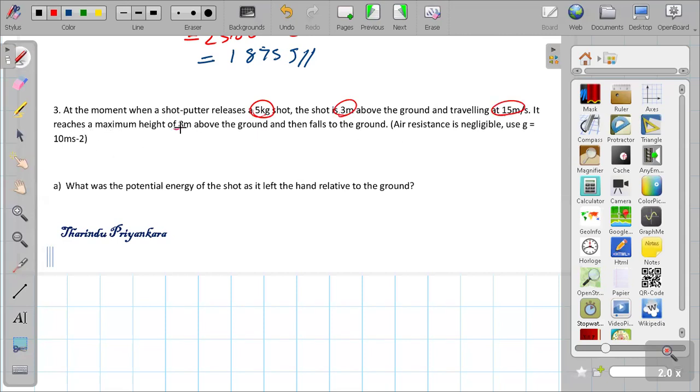It reaches a maximum height of 8 meters above the ground, then falls to the ground, air resistance negligible. What was the potential energy of the shot when it left the hand relative to the ground? It says at the beginning of the shot, it is 3 meters above the ground.